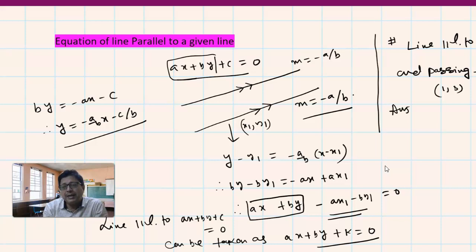We can write, let the line be, which term will differ? These two parts will remain the same, only the constant changes. Let the line be 3x minus 4y plus k equal to 0. Which point does it pass through? 1, 3. It is enough to get the value of k from there.